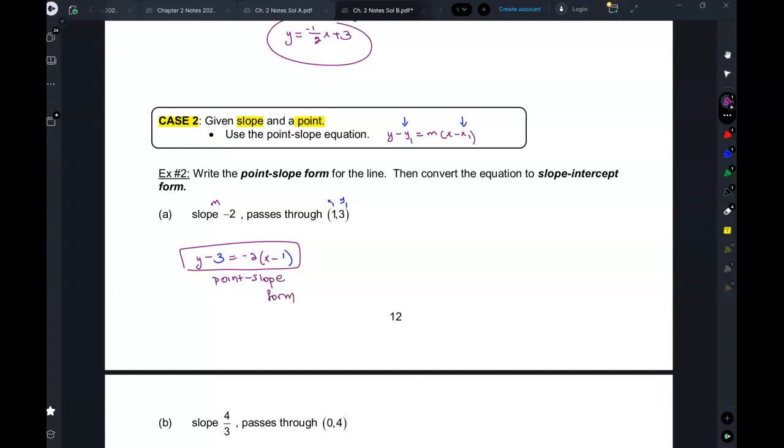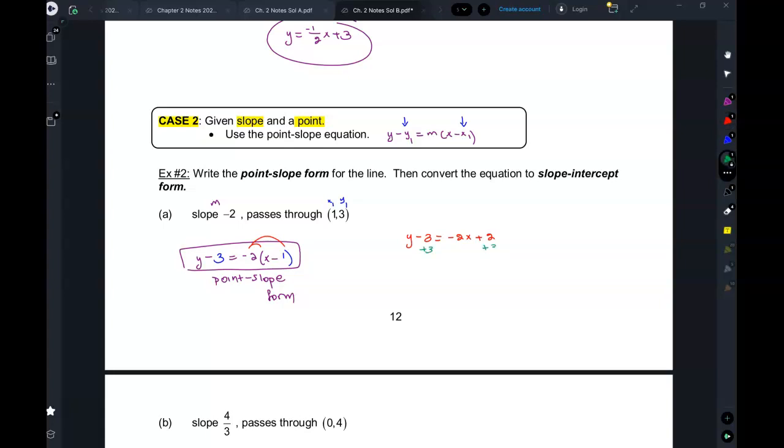Okay, so that's part 1. Next, we have to convert it to slope intercept form, right? So what we're going to do is distribute that -2. So I get y minus 3 equals -2x plus 2. Yeah? I distribute the -2 here and here. Now what am I going to do?